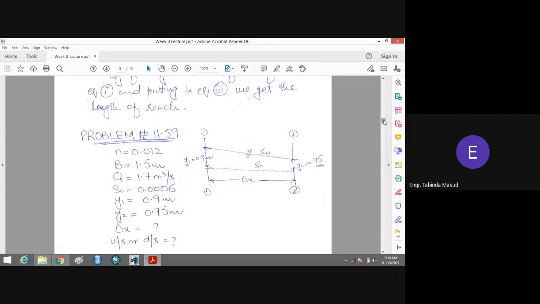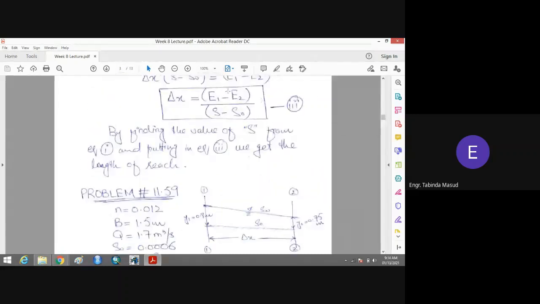So how we will find delta X? With the help of this equation number 3. This is the equation with the help of which we will find the value of delta X. So I have drawn this figure. Let's suppose this is the channel, and I have supposed that Y1 is equal to 0.9 meter is at section 1,1, and Y2 is equal to 0.75 meter is at section 2,2.